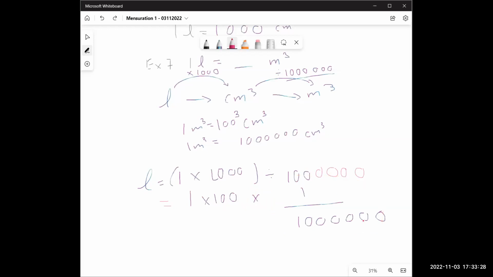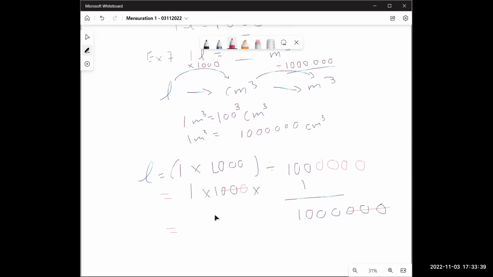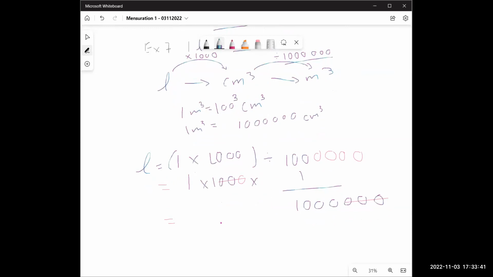So can I cancel these zeros now? Yeah. So I'll cancel these 3 zeros and these 3 zeros. What am I left with? Final answer, 1 over 1,000, which is 0.001 meter cube.